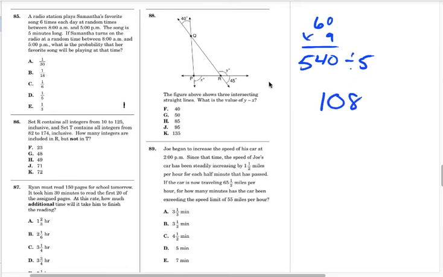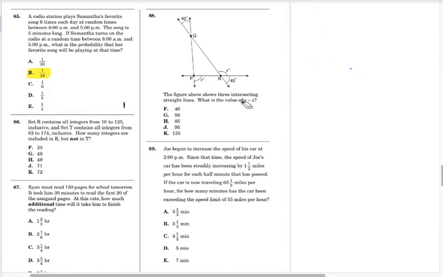And she gets 6 songs out of that, right? So how many times does 6 go into 108? 108 divided by 6 is going to be 18. So at any time she turns on the radio, she has a 1 out of 18 shot that her song will be playing.